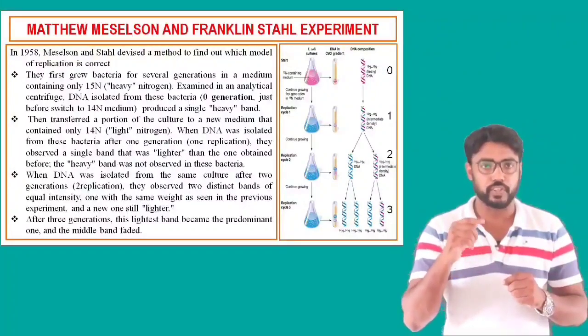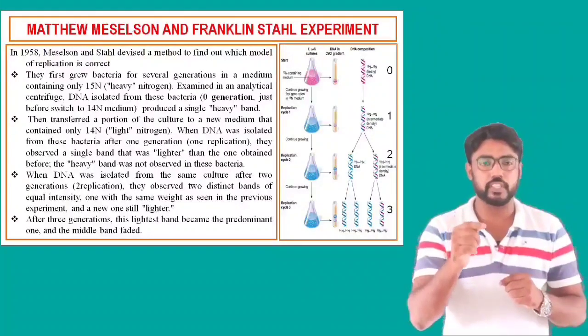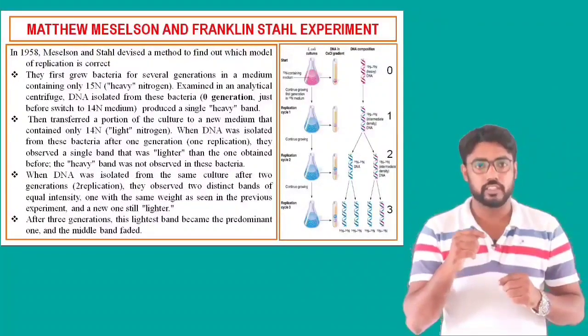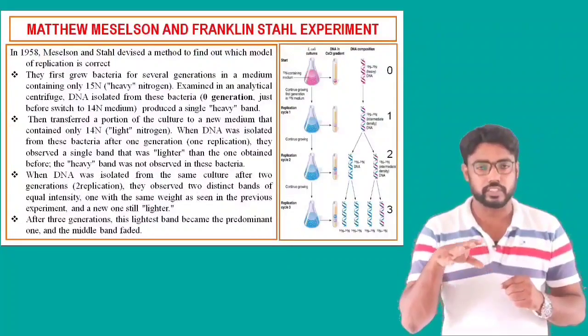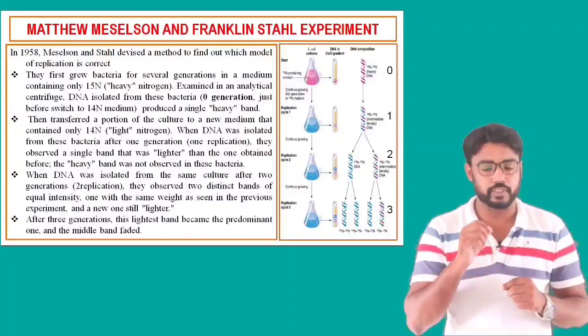That means they found one intermediate band, the same one that appeared in the first generation, and in the second generation the heavy band was also absent.